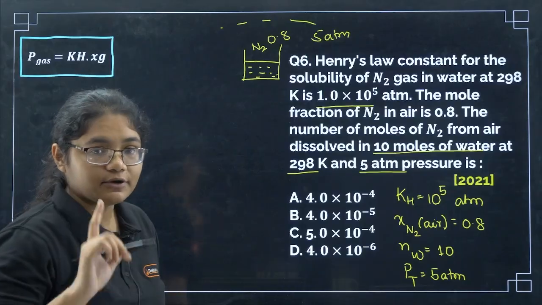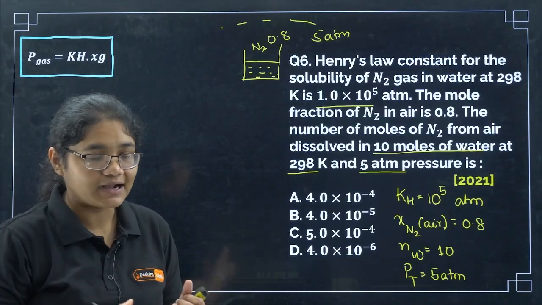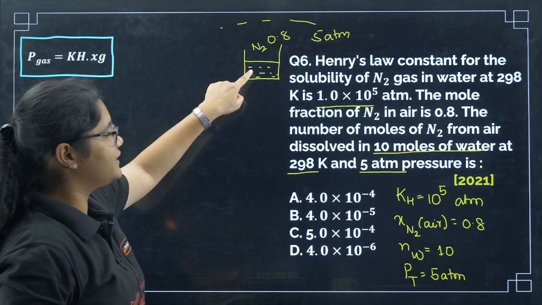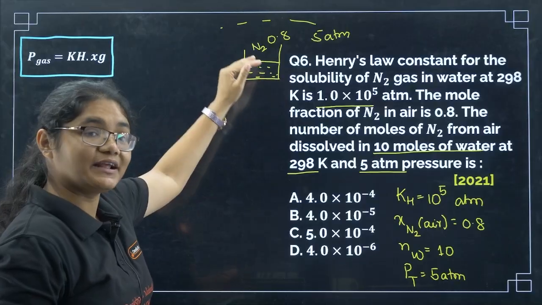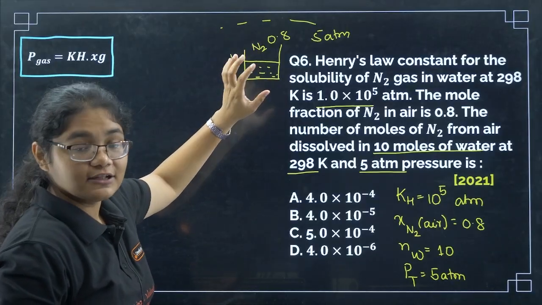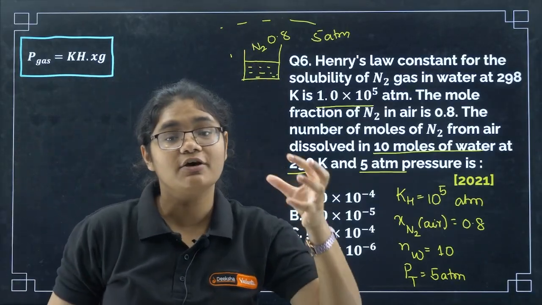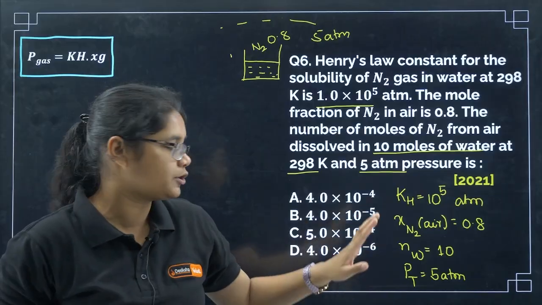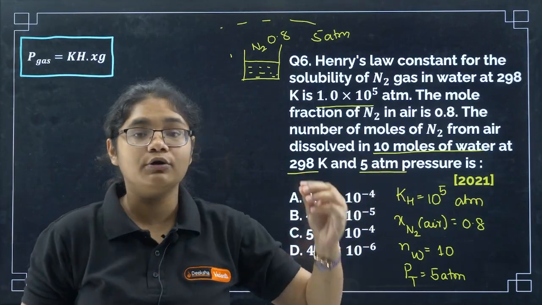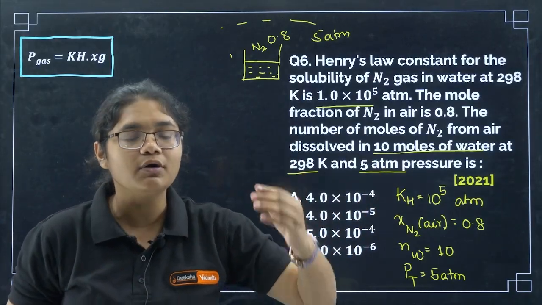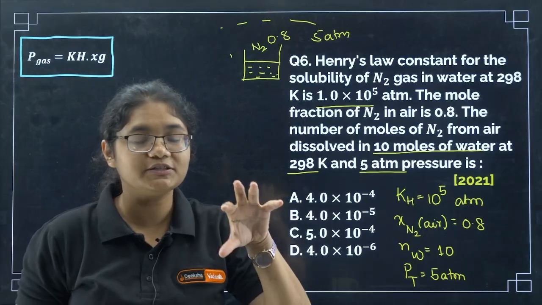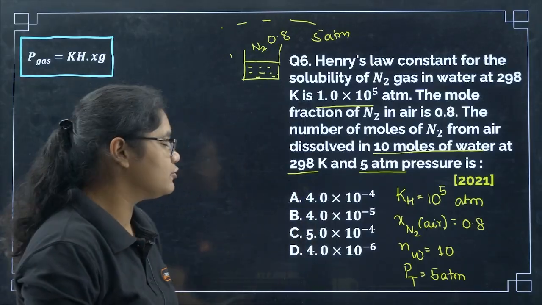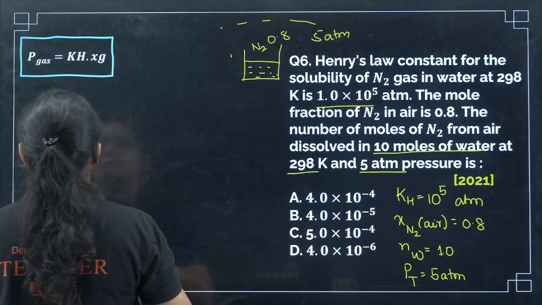But if you remember, Henry's law says that the solubility of a gas in a liquid depends on the pressure of the gas above the liquid. So I want to know the pressure of N2, not the total pressure, not the atmospheric pressure. I want to find the pressure of N2 above the solution. So how to find that? Here comes a new formula.